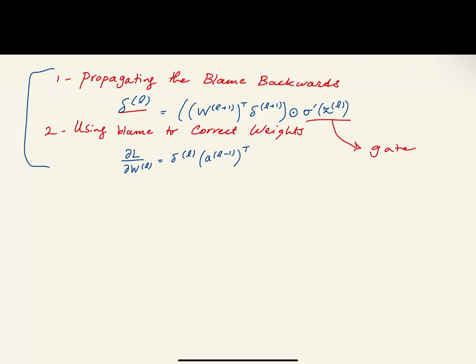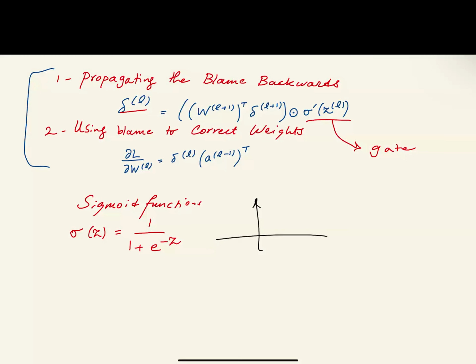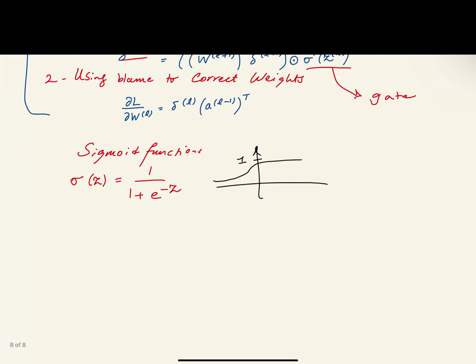For a long time, a common activation function was the sigmoid function, which basically squishes all real values into a range of 0 to 1. You can imagine the plot, and it's fairly easy. It's basically a function like this that is between 0 and 1. The important thing here is that the derivative of this function takes its maximum value when z is 0, and this maximum value at z equals 0 is 0.25.